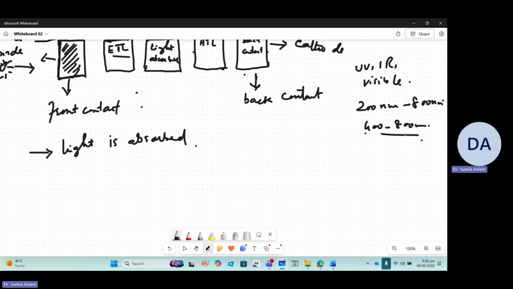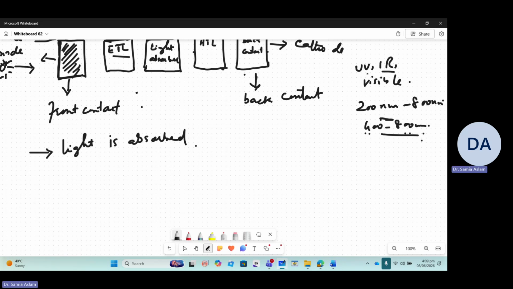In between, there are 7 colors of light which correspond to the in-between wavelengths, right? So 400 to 800 nanometer roughly is the visible region of the solar spectrum.